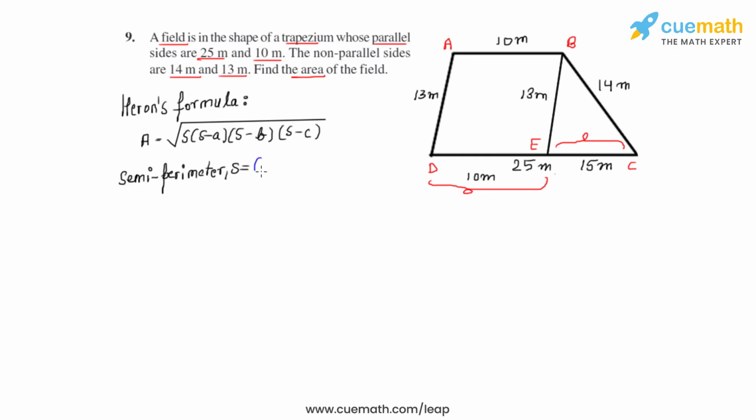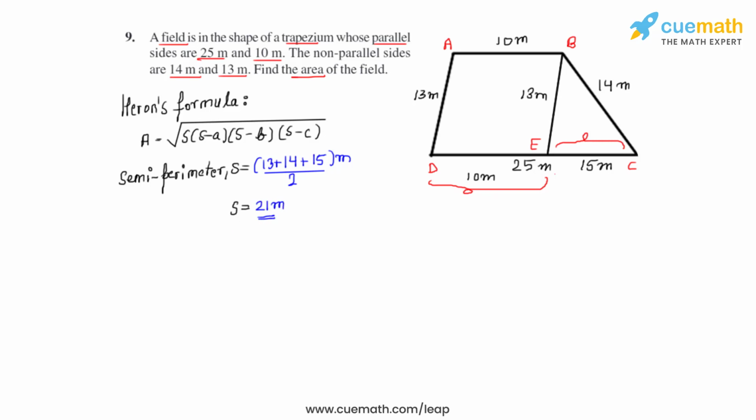So let's start adding. We add 13 plus 14 plus 15 and divide that by 2. On calculation we get the semi-perimeter S to be equal to 21 meters.